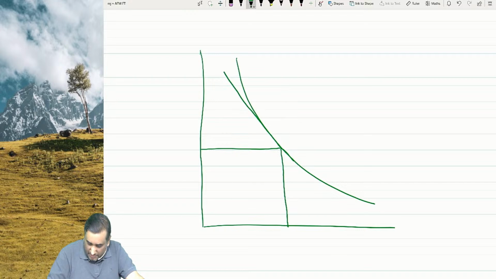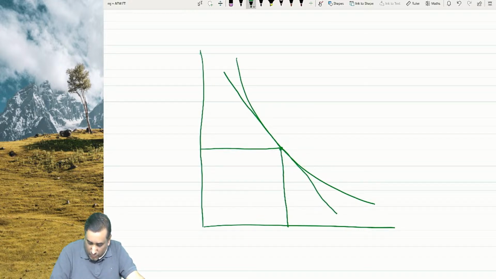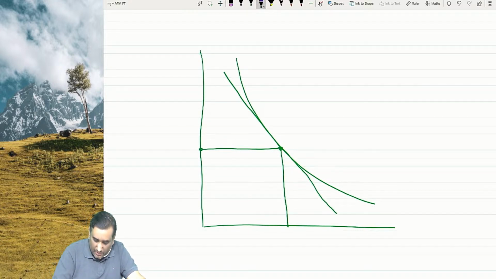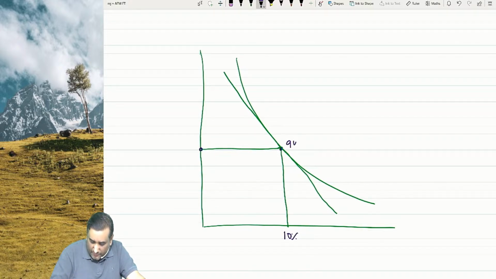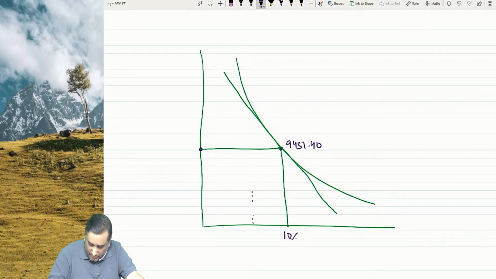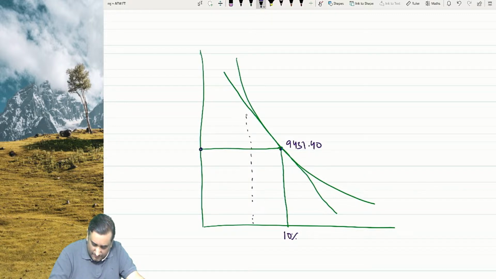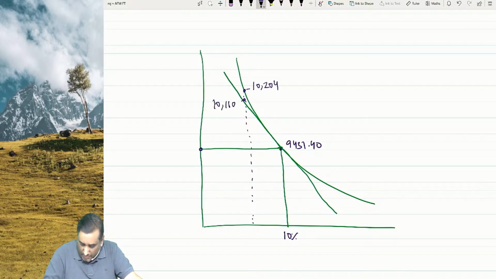At 10%, what was the price? 9431, something like 9314. Then we decrease by 2%, to 8%. This price came to 10,204. This came to 10,160. Now what we are doing is checking the price.